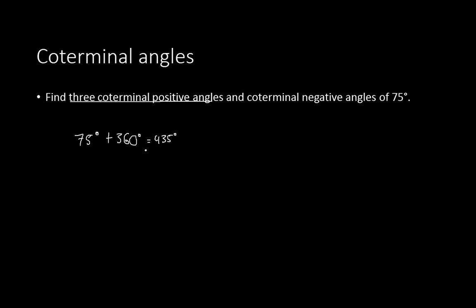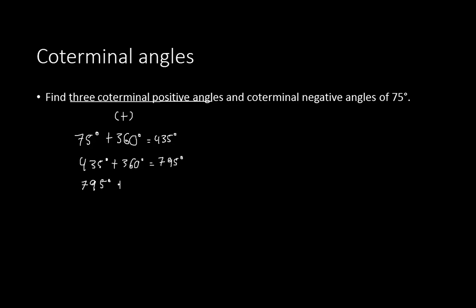So we have the first answer for the positive coterminal angles. Let's continue: 435 degrees plus 360 degrees is 795 degrees. So we have the second answer.